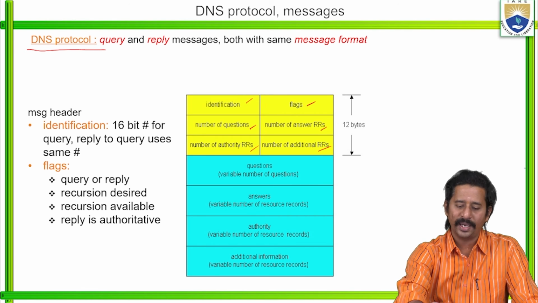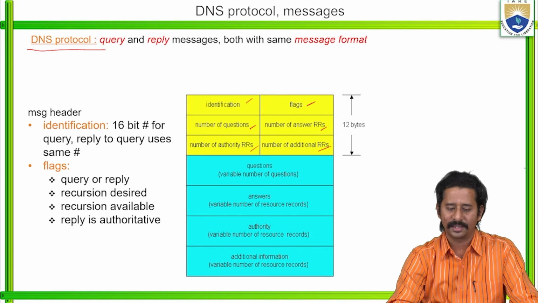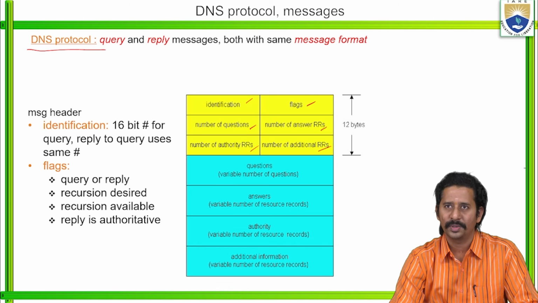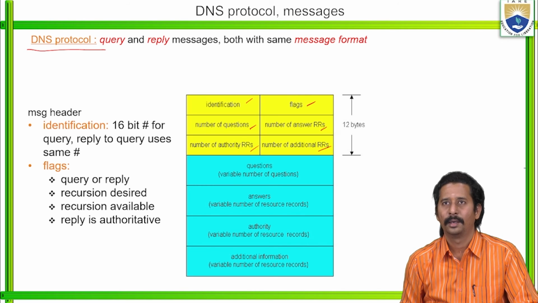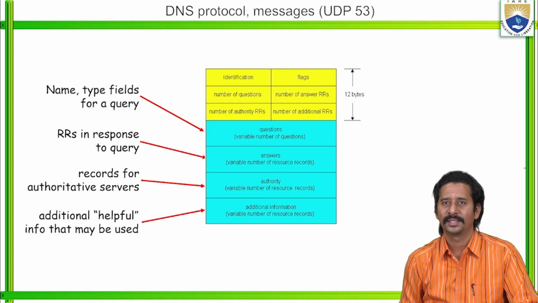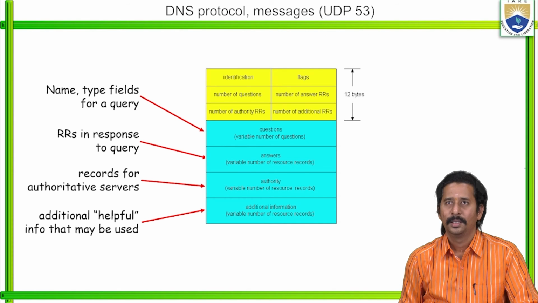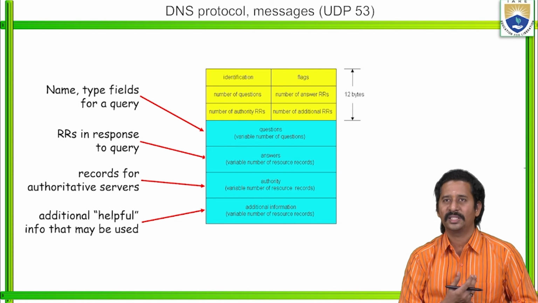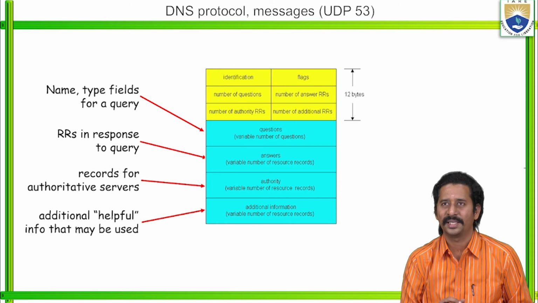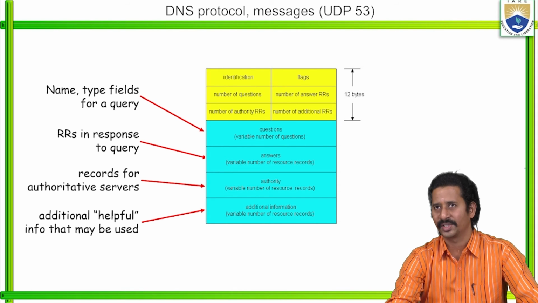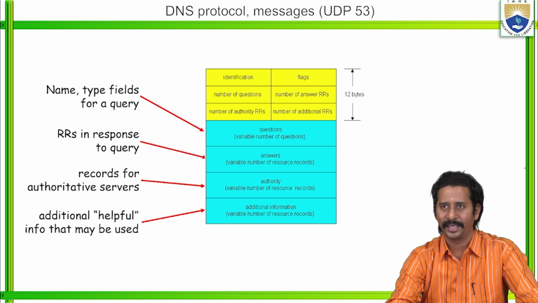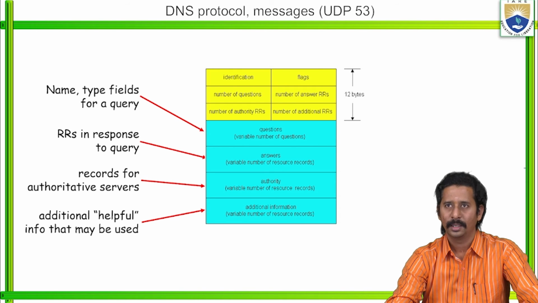The top three fields, identification, number of questions, number of answers and number of authority, occupy 12 bytes. DNS protocol and its messages are meant for connectionless systems, so that is UDP port 53.